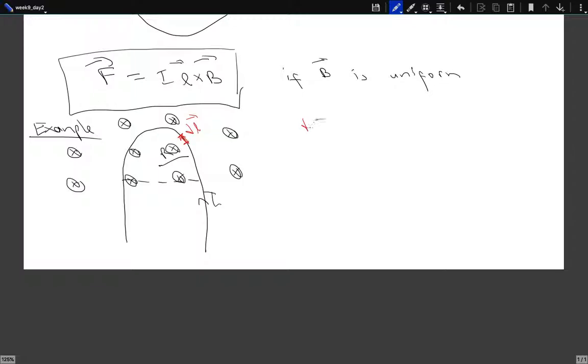This was dl. dF was I dl cross B. And then we calculated dF and then summed them all up to obtain the total magnetic force. Any questions up to here?